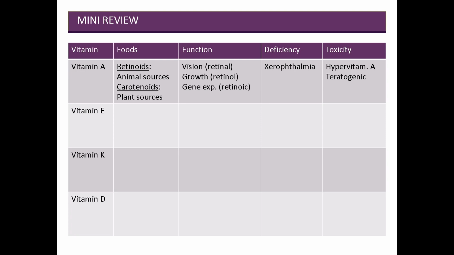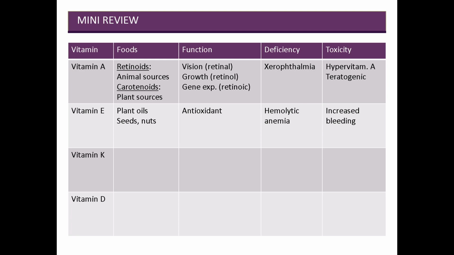The main function is as an antioxidant. Vitamin E deficiency leads to hemolytic anemia, which is when red blood cell degradation outpaces red blood cell generation. And too much vitamin E leads to increased bleeding.